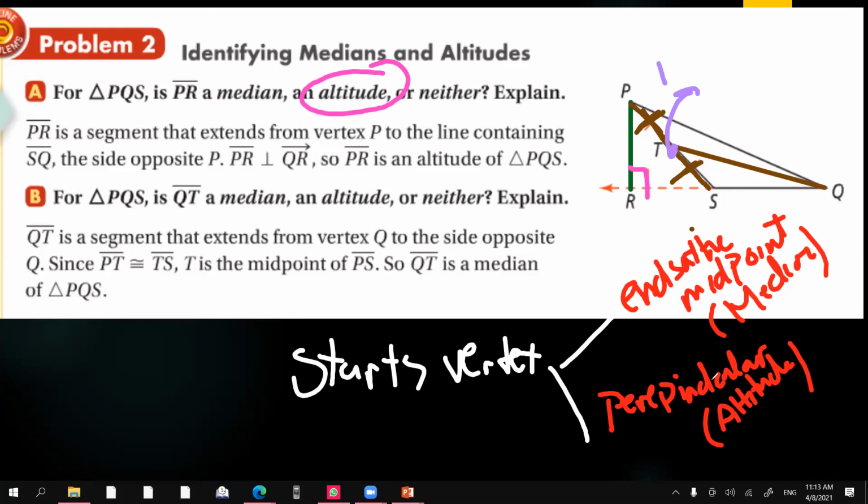Midpoint, bravo. So if the segment starts from the vertex and ends at the midpoint, what do we call it? Median, bravo. So I will say that QT is a median of the triangle PQS.